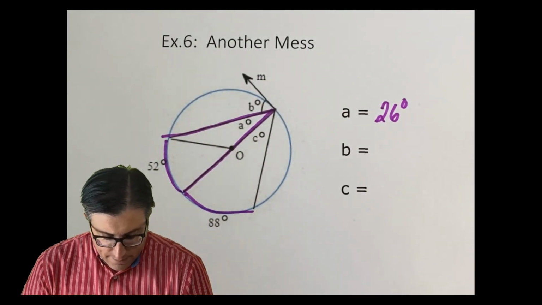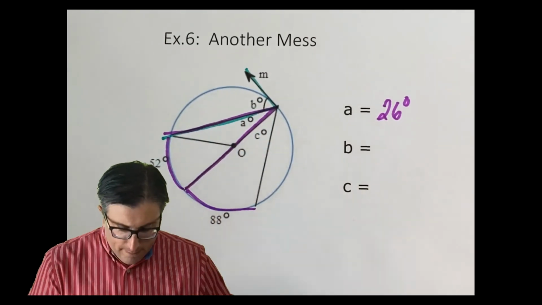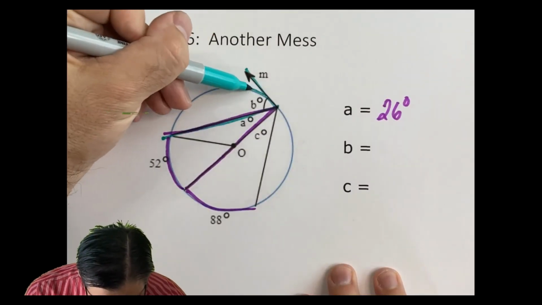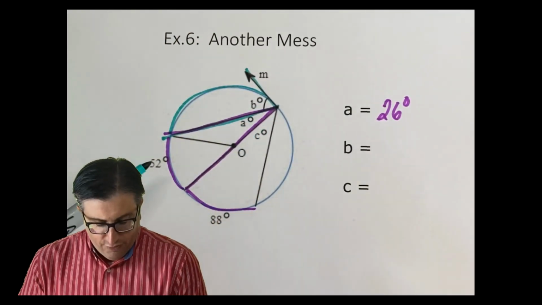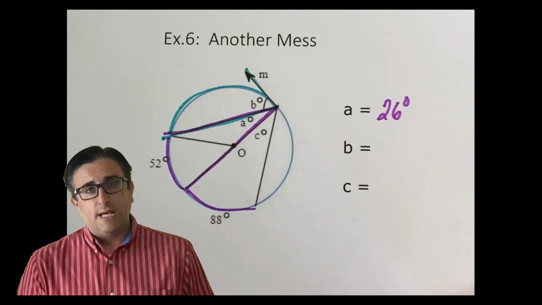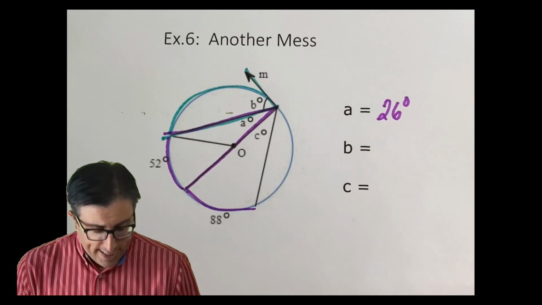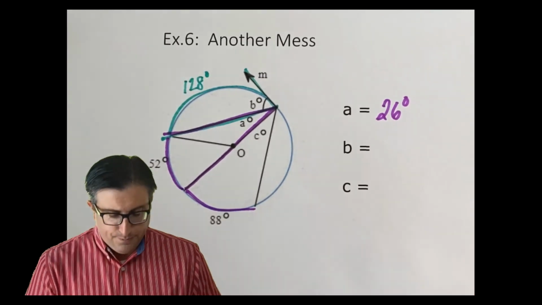To find B, B is going from here to here. B is the remainder of this semicircle. If 52 degrees is already taken up, a semicircle is 180 degrees. 180 minus 52 leaves me 128 degrees.